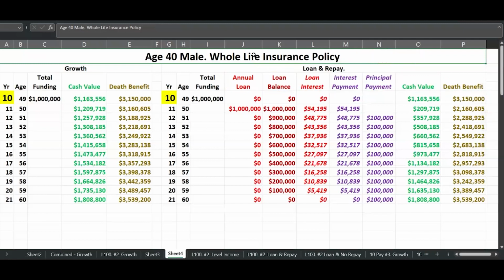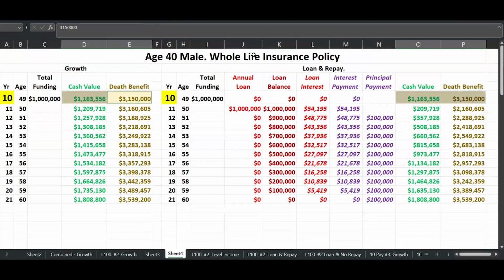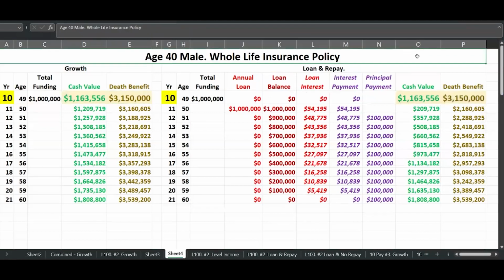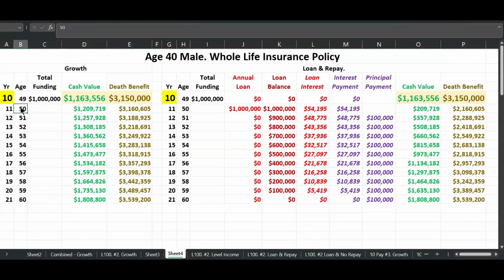We take a $1 million loan against the policy. Before we take that loan, actually, what are your cash value and death benefit figures in both examples? They're identical. There's no change there because we haven't touched the money. Now, when you take that $1 million loan, what happens? Let's look at the next year, when you're 50 years old in this example.